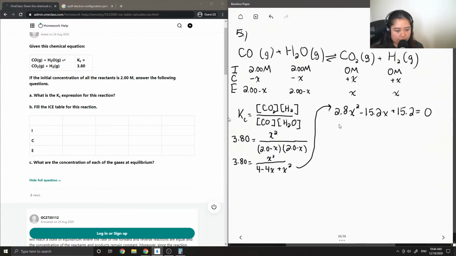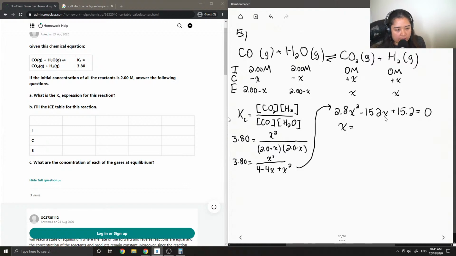And now just by using the quadratic equation, or you can use a quadratic equation calculator if you looked it up, we want to get the x value. Typically we want a positive number, but you'll notice that the two values of x that you would get if you solved this equation are both positive.